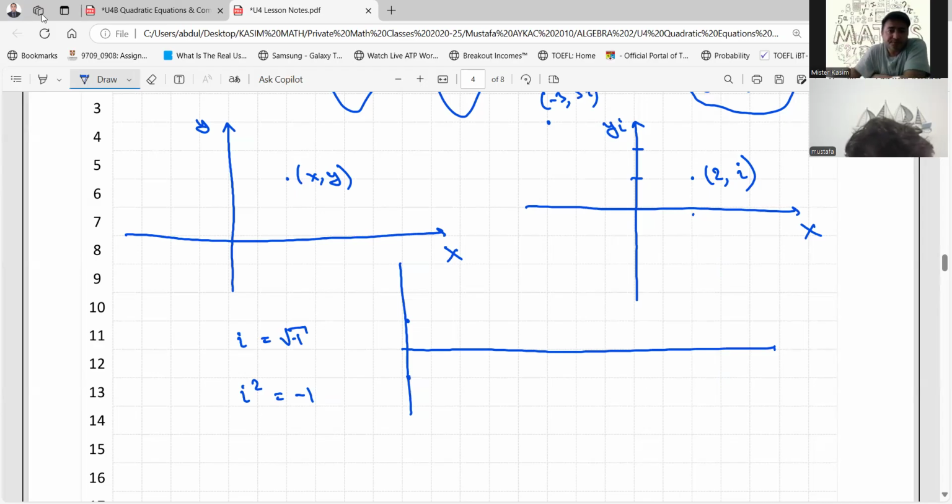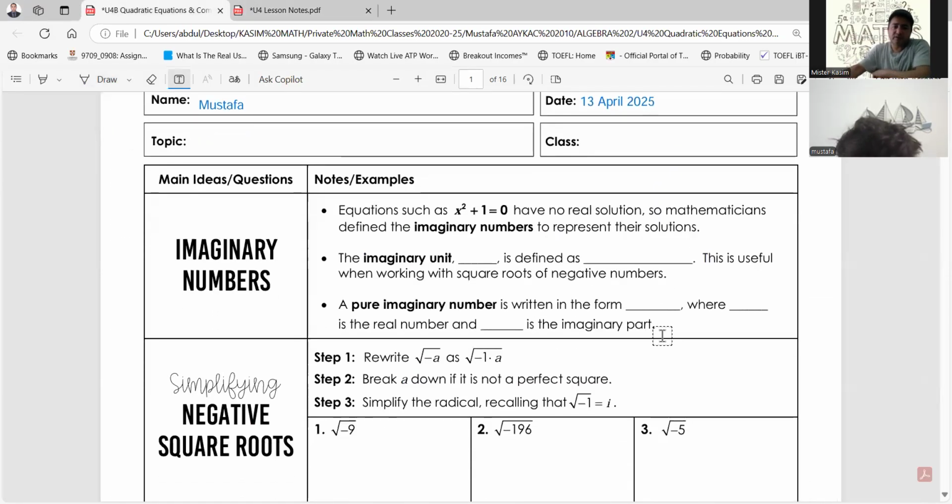Anyway, what we have to know here is that I am defining something new. The square root of -1, I'm giving a special name. Your name is Mr. i. It is -1 when squared. And we have only a few special numbers in math, Mustafa. One of them is i. What are the other numbers? That's pi, one of the very important numbers. The next one is e, for example.